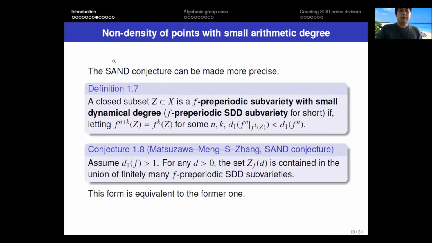Okay, the SNND conjecture can be made more precise. First, we define some notions.